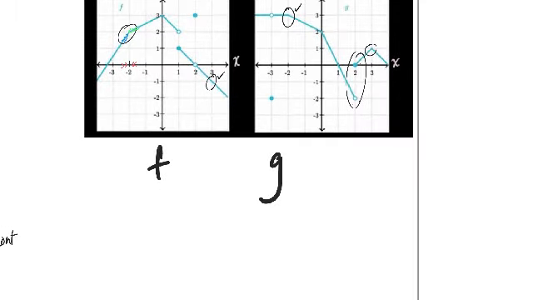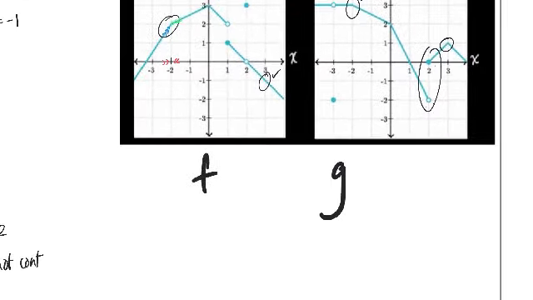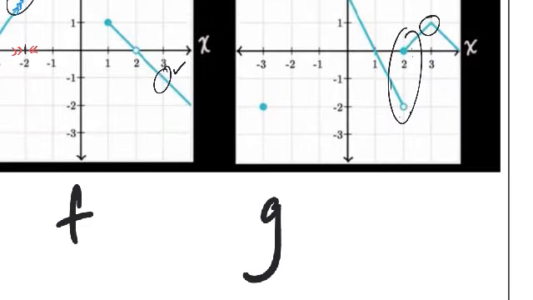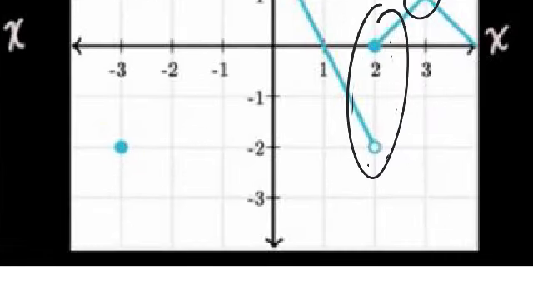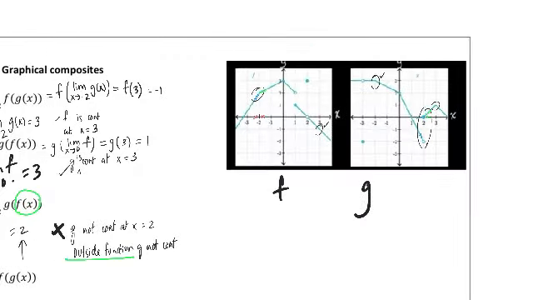So in other words, I have to go here to the g function. What happens as x approaches 2 from numbers below 2, right, and above 2, right? Because that inside function, that's what it's doing. And so when I'm approaching from below 2, I see that g approaches negative 2. And when I'm approaching from above 2, then I see that g approaches 0. So in this case, the overall composite limit will also not exist, right?